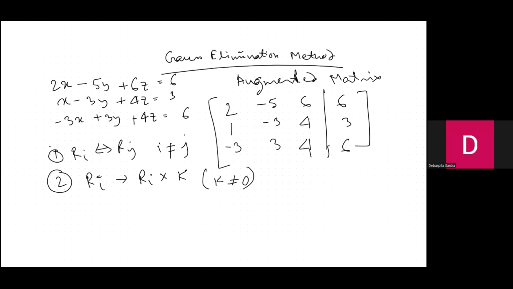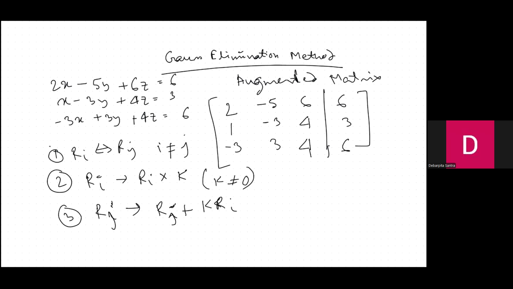Third operation, any row, suppose Rj, can be replaced by adding a multiple of any other row, that is Rj is equal to Rj plus k Ri. So these are the three elementary row operations that we have to apply on the augmented matrix to finally obtain the row echelon form. Okay.